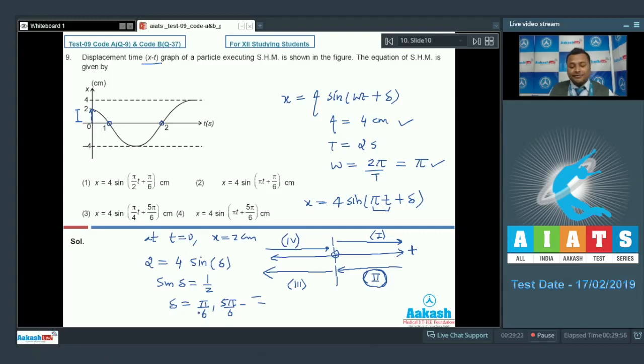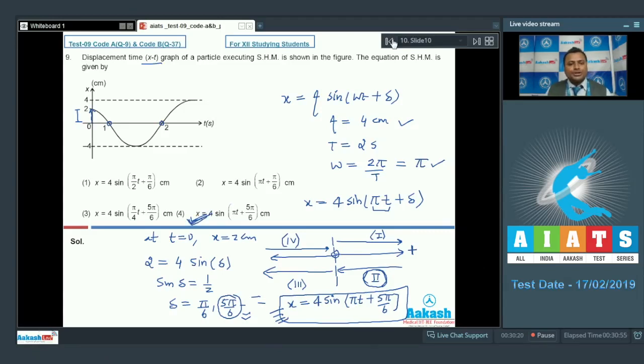Pi by 6 lies in the first quadrant, 5 pi by 6 lies in the second quadrant, and this will suit because the particle is returning toward the mean position from the positive direction. The final equation will be x equals 4 times sine of (pi t plus 5 pi by 6). This is the final answer. Option number 4 is absolutely correct.